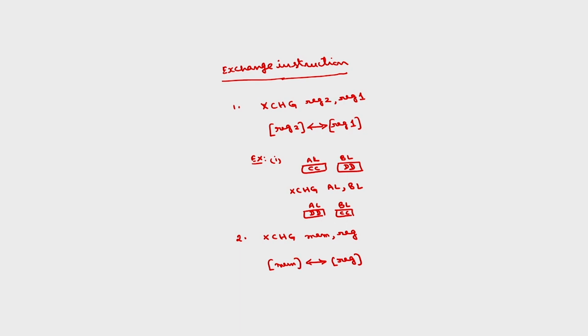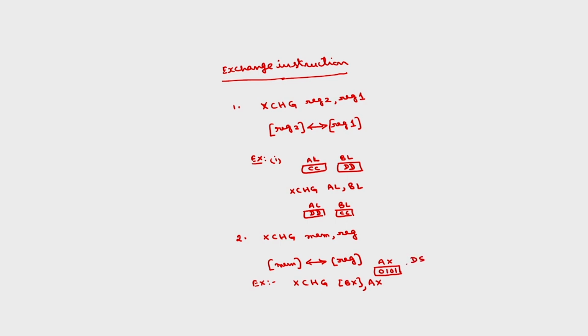There are 5 ways to specify the memory. If I take an example, if I write XCHG contents of BX comma AX, and the contents of AX here is 0101H.